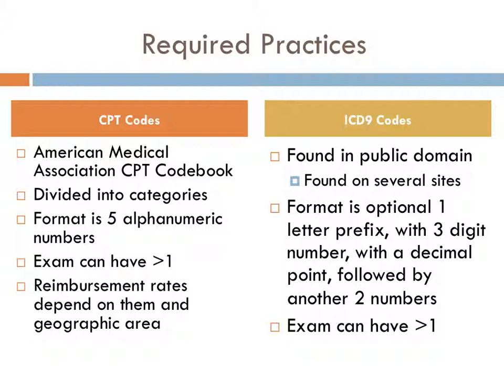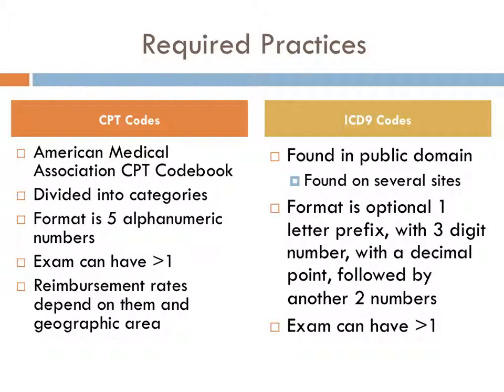It's divided into 5 categories. Radiology is one of them, and if you want to see the other categories, they are broken down on page 307 in your book. The format of a CPT code is 5 alphanumeric characters, and an exam can have more than one CPT code attached to it. Reimbursement rates depend on CPT codes and the geographic area.